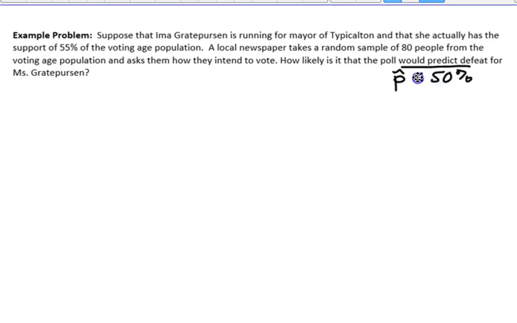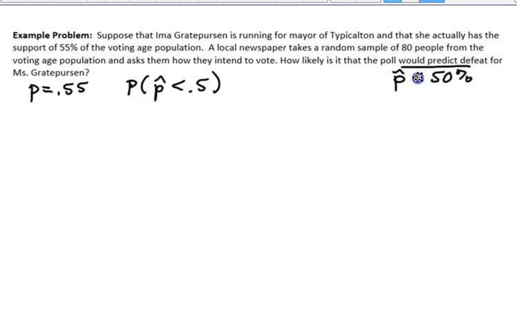Okay, so here we have p is equal to 0.55. We want to know the probability that p hat is less than 0.5. So we need a model to help us figure this out.